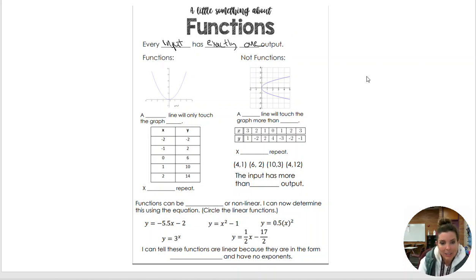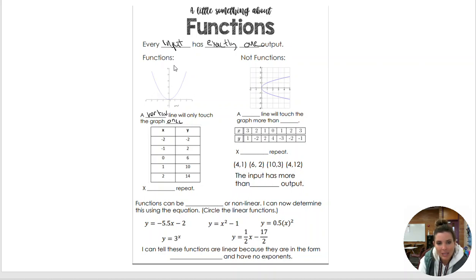When we look at functions, if it's a function, it will pass the vertical line test. So that means that a vertical line will only touch the graph one time. So if you can pass a vertical line through whatever has been graphed and it will only touch one point at a time, then you know it's a function, okay?